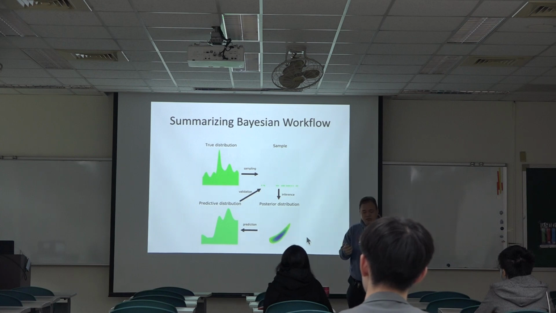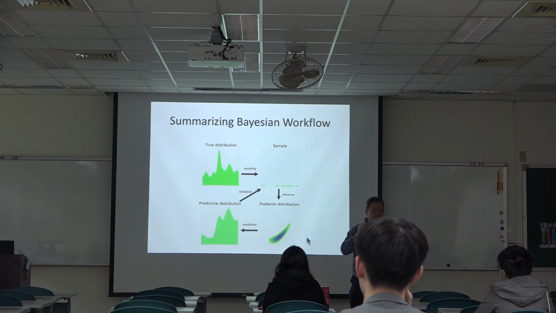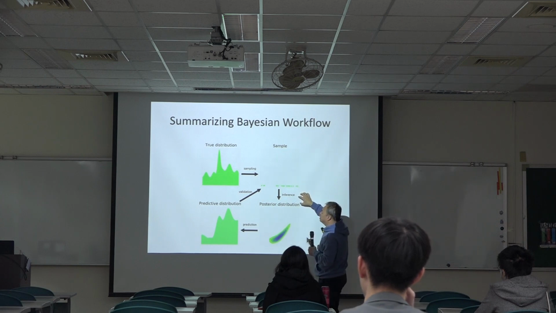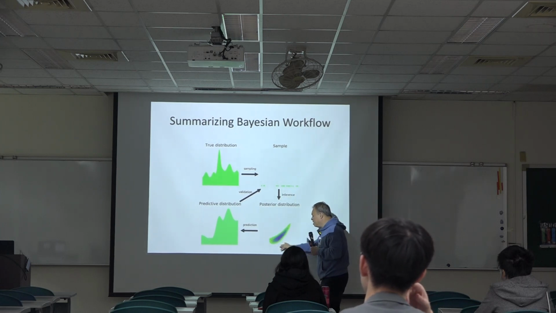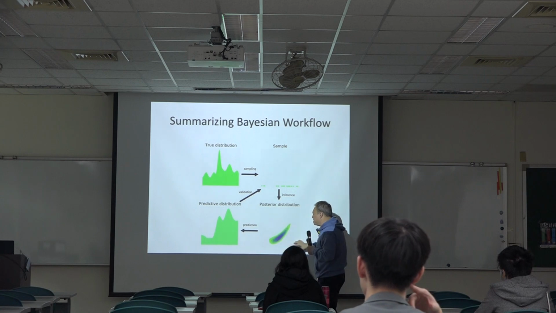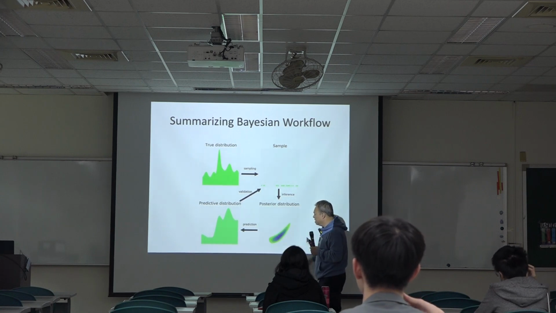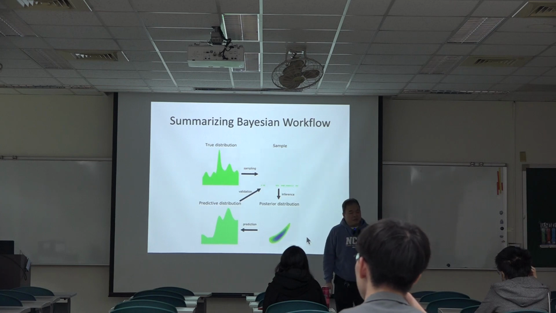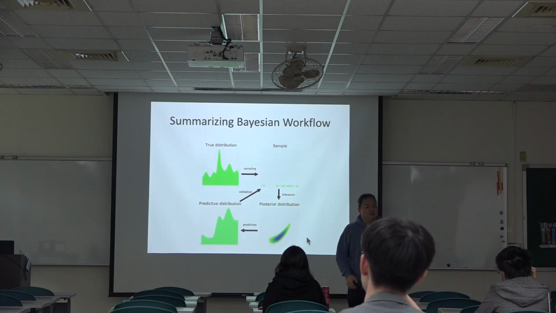And the likelihood. The prior and the likelihood, the model, these two elements, combined with the data, you are able to get the posterior distribution, and the posterior distribution represents the parameter of your model, the distribution of the parameter of your model.